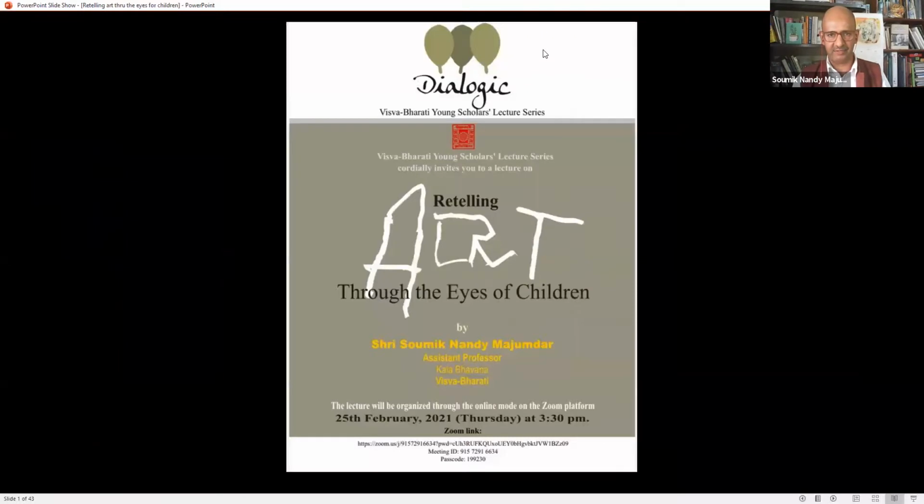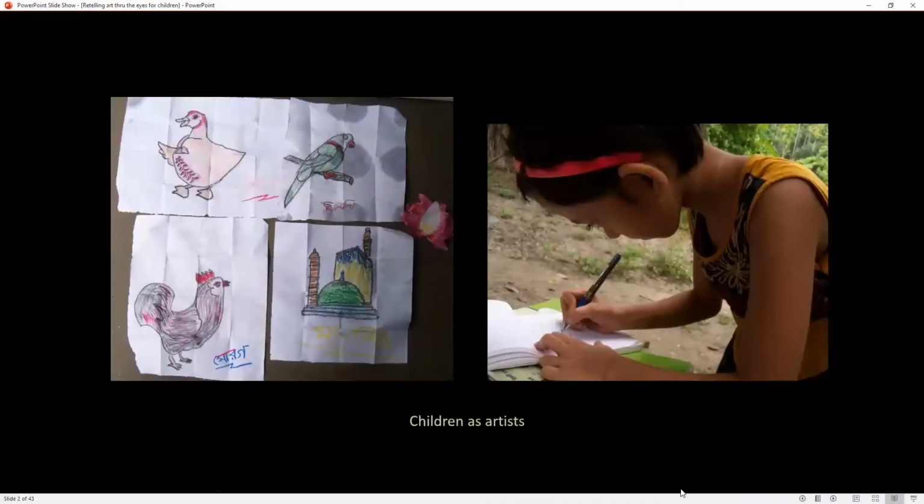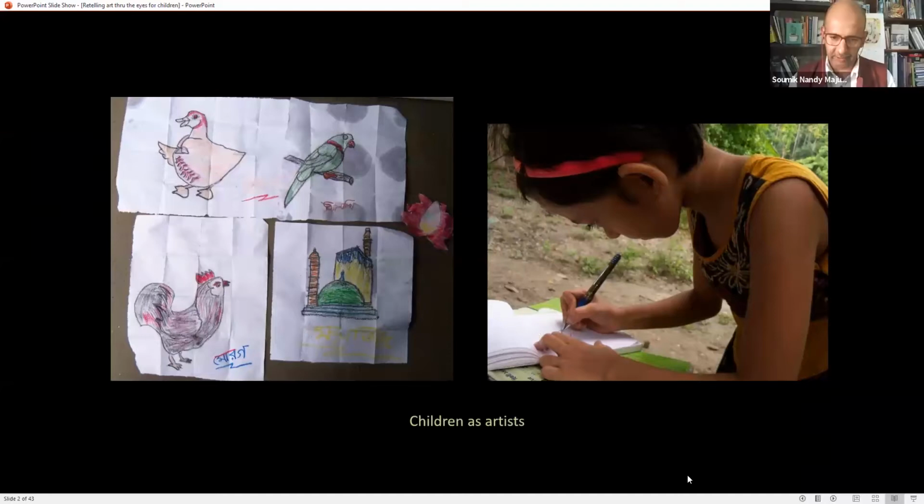I hope it is visible. Yes. Now, we appreciate children, as far as their visual literacy, visual ability and creativity are concerned, primarily as artists. And there are reasons, of course, we all know that.